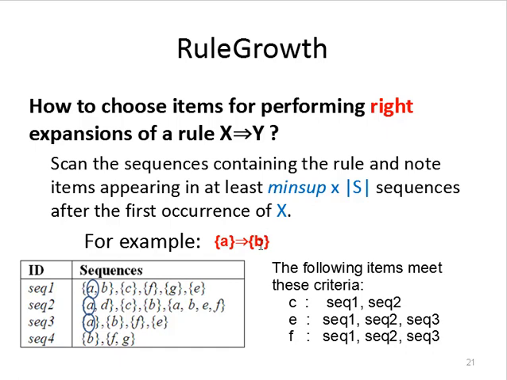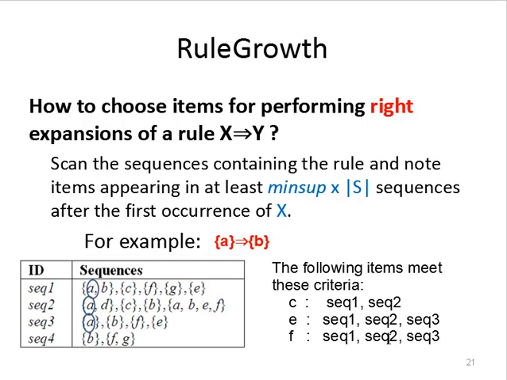So we look at everything that appears after the first occurrence of the left side. We look at the first A, and we count how many times all the items appear after the first A. We find that in 2 of the sequences, after the first A, we have a C. So C appears in sequence 1 and sequence 2 after A. E appears after A in the 3 sequences where we have A. So E appears 3 times.